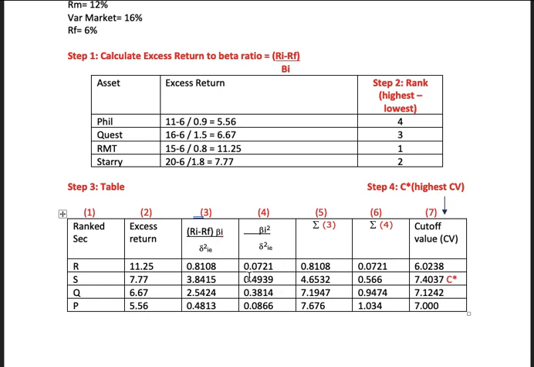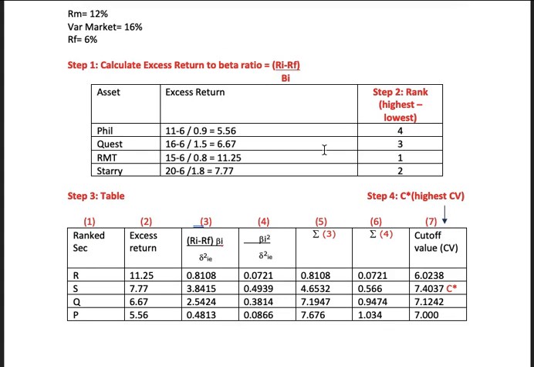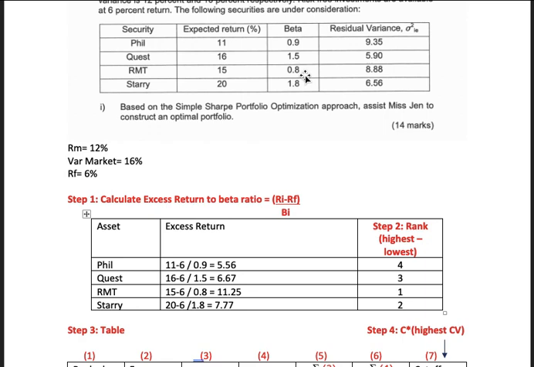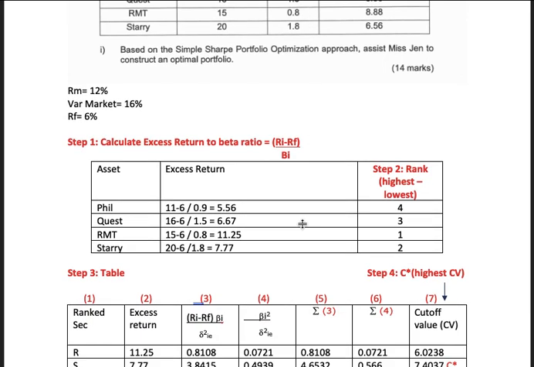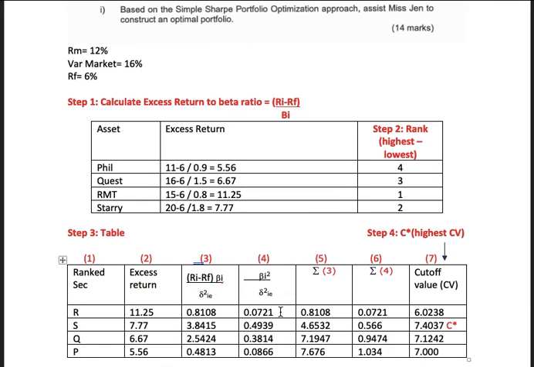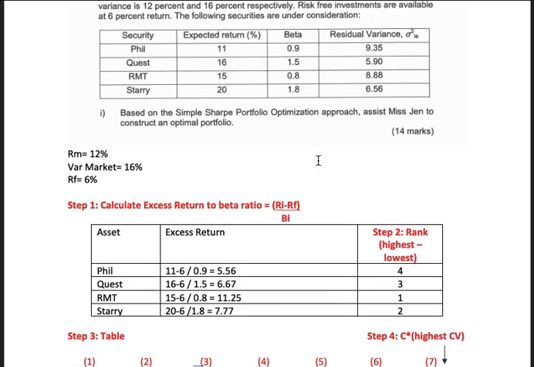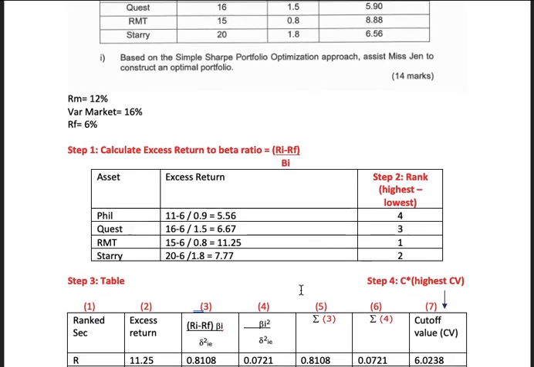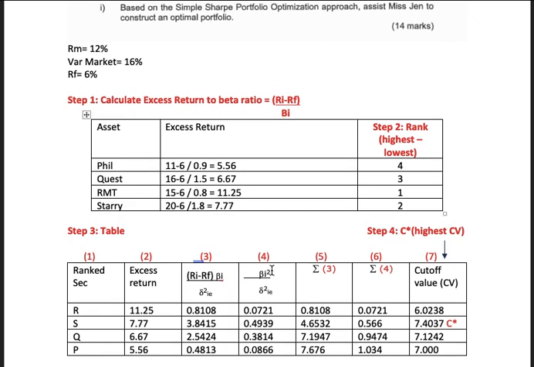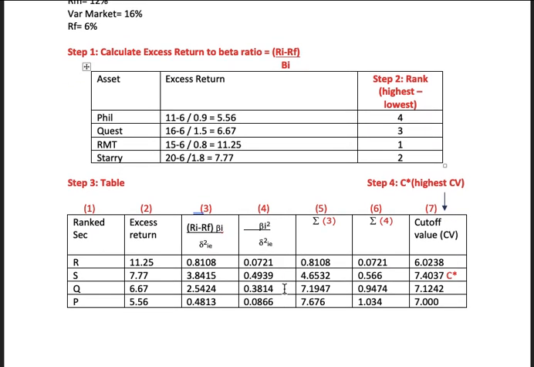Okay, next, column number 4 is equal to beta i squared divided by the residual variance. So I bagi contoh satu je lah untuk R. Beta RMT was berapa tadi? Beta dia 0.8. So 0.8 kuasa 2, dia square, and then divide by the residual variance, 8.88.